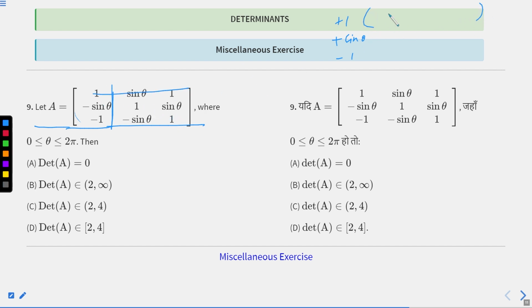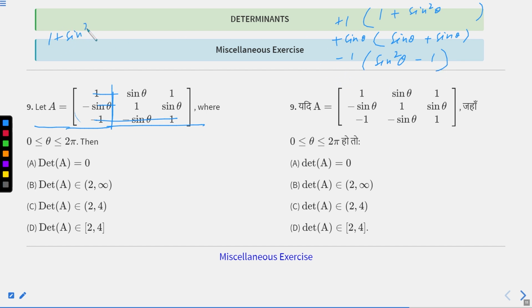What you will have? 1 plus sine square theta. Now for this I have to eliminate this sine theta, and minus plus, so sine theta. Simple. Now I have to eliminate this sine square theta, minus 1. Simple. Now just simplify it, you will get your determinant.